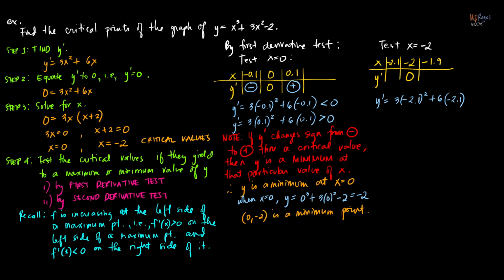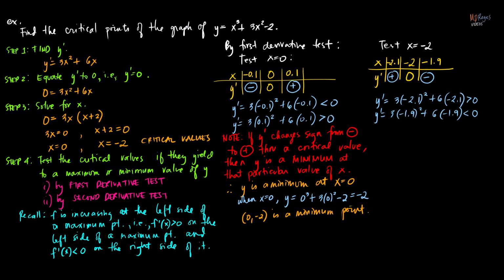Now 3 times negative 2.1 squared would be greater than the second term, so this would be greater than 0, so this is positive. And then what is the sign of y prime whenever x is negative 1.9? Negative 1.9 squared plus 6 times negative 1.9. This time the value of y prime is negative, so less than 0.